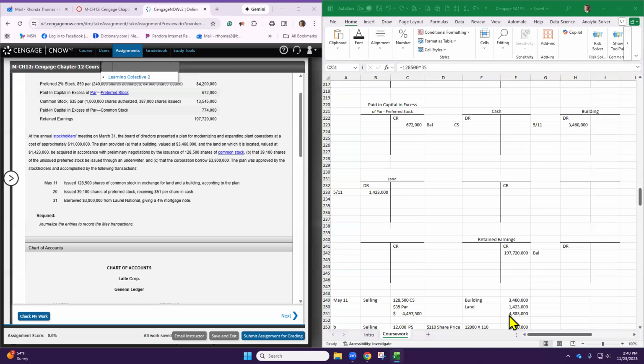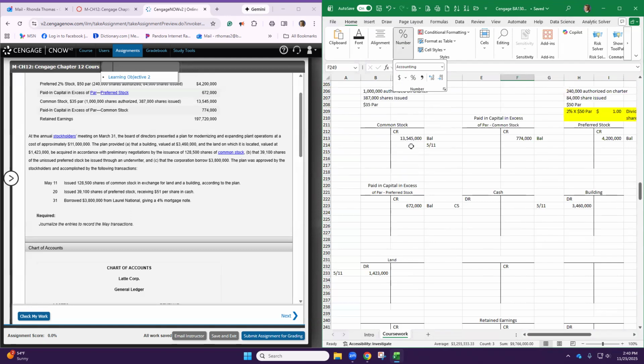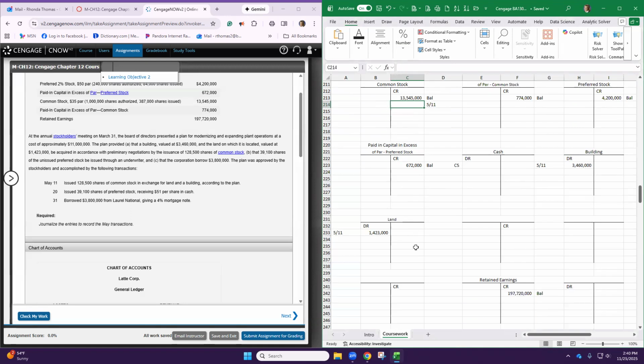Notice this is a little larger than this, right? We've got these already in place. Now we need to put in how much common stock is going to be, and once again, it's $35 par. 128,500 times 35 is right there. And that is less than the two together.